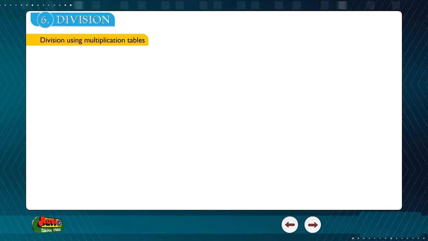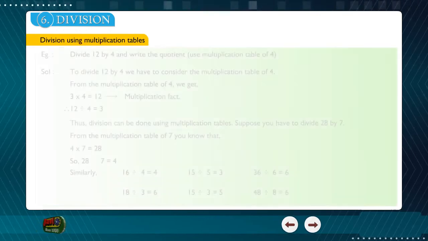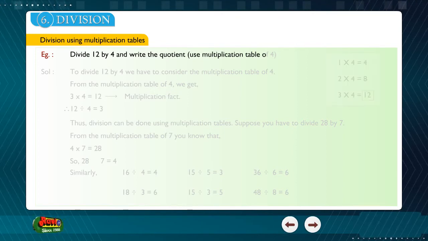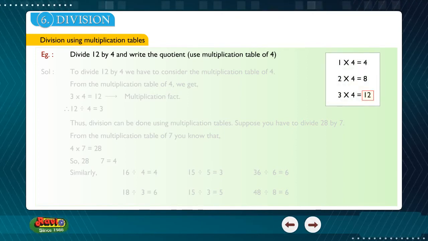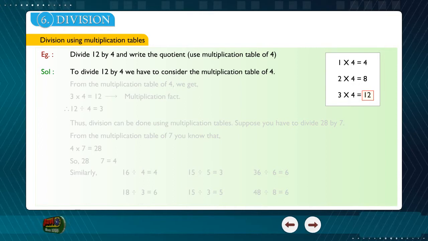Division using multiplication tables. Example. Divide 12 by 4 and write the quotient. Use multiplication table of 4. Solution. To divide 12 by 4, we have to consider the multiplication table of 4.